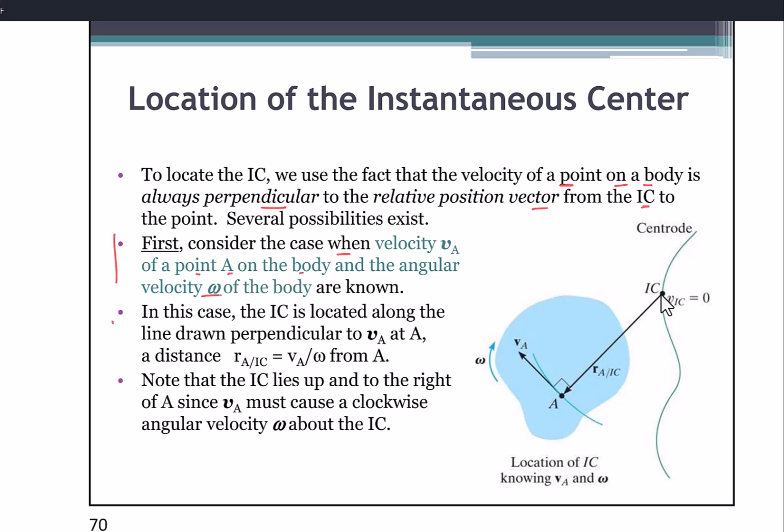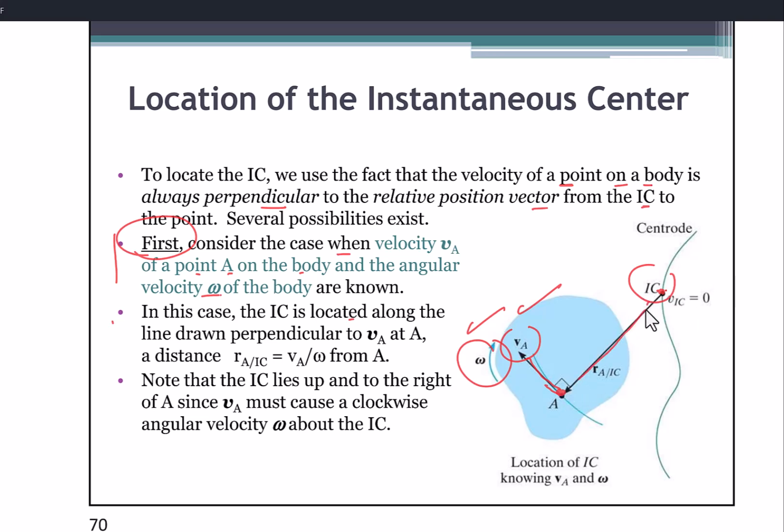This is the first way. For example, here you have the instantaneous center of zero velocity, and the velocity of the point on the body as well as the angular velocity omega are known. So this is the first situation.